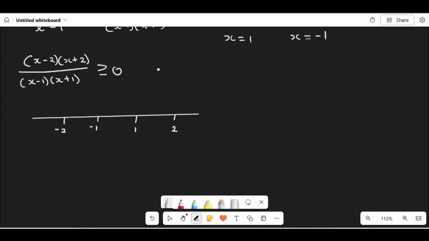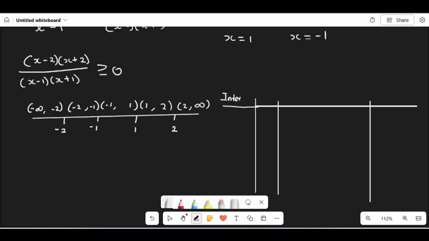And our intervals are negative infinity to -2, then -2 to -1, then -1 to 1, then 1 to 2, and 2 to infinity. Let us draw a table for more clarity and simplicity.